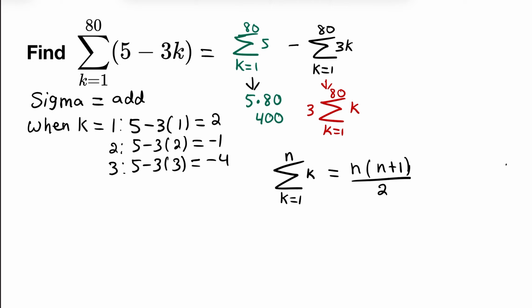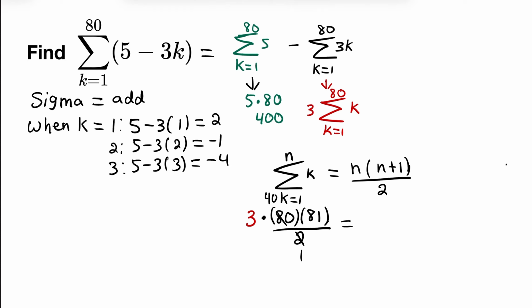All right, and so now we're going to substitute. So that's 3 times, and we know that n is 80, so 80 times, and n plus 1 is 81, so that's 80 times 81 over 2. And so let me just simplify this a little bit further to make it simpler here. So 2 goes into 2 once, 2 goes into 80, 40 times.